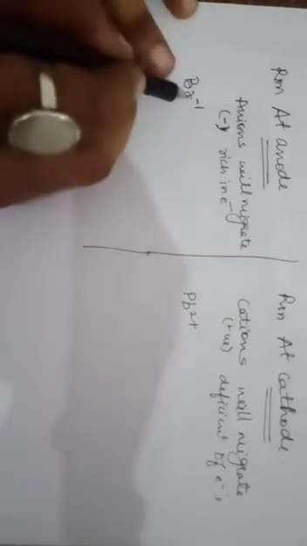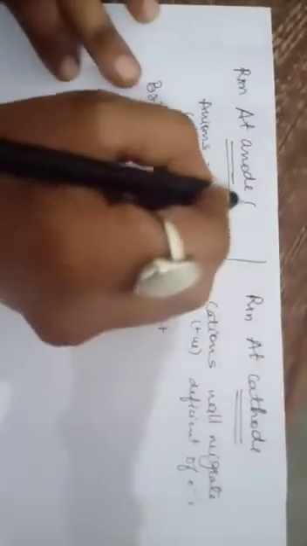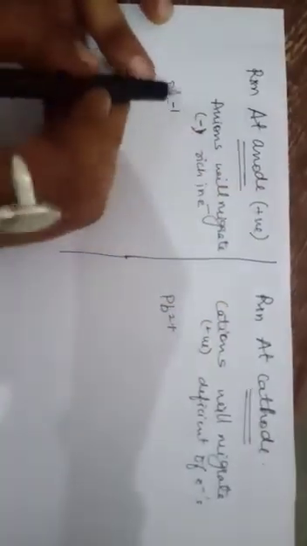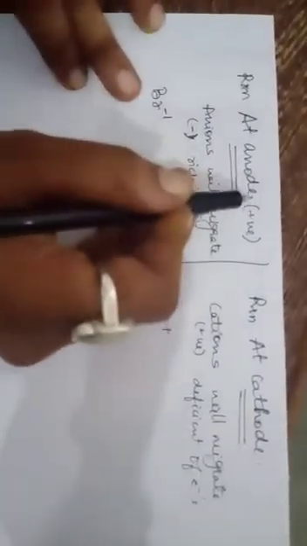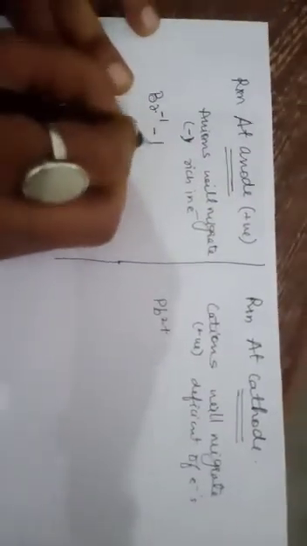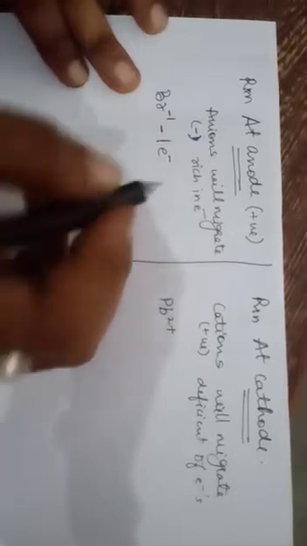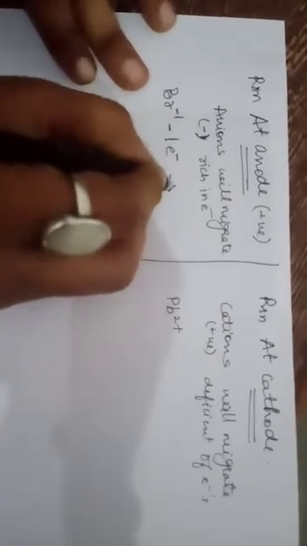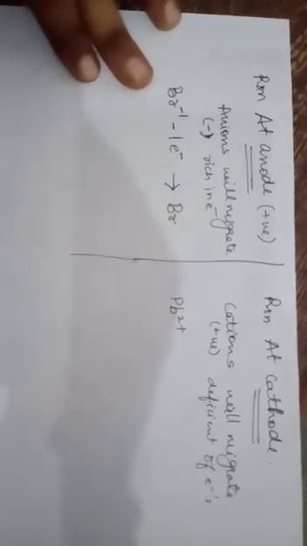Now, what is their work? Bromide is rich in electrons and the anode is positively charged in nature, so it will go and donate its electron. Are you getting? So here bromide will lose 1 electron and it will form Br.